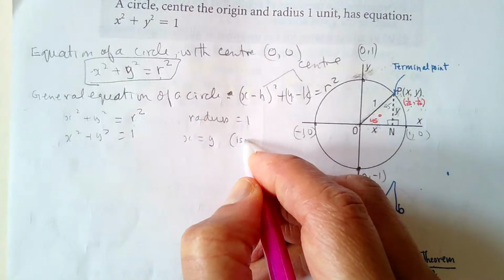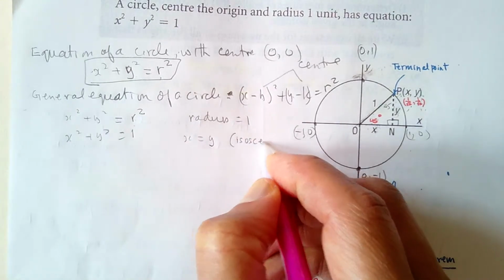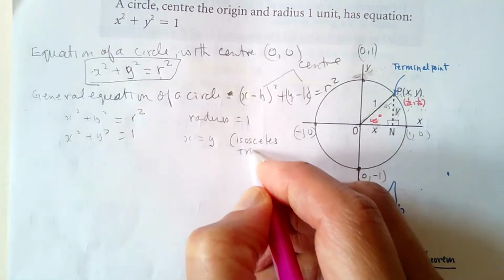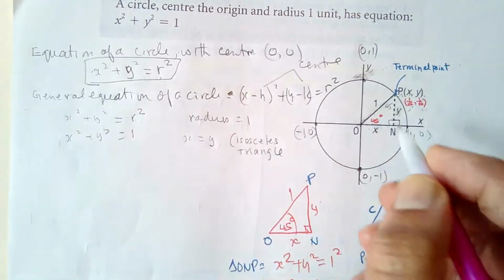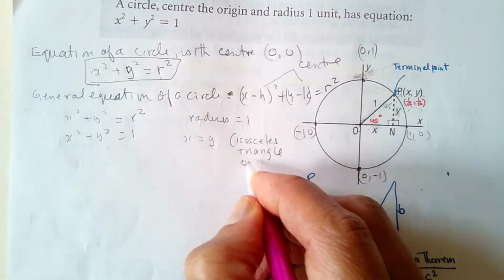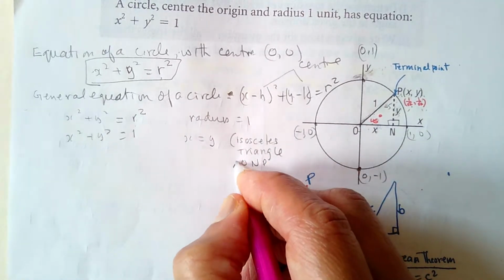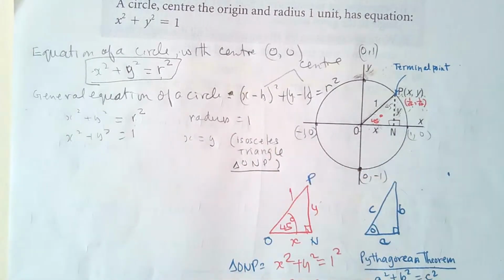So the triangle ONP is an isosceles triangle.